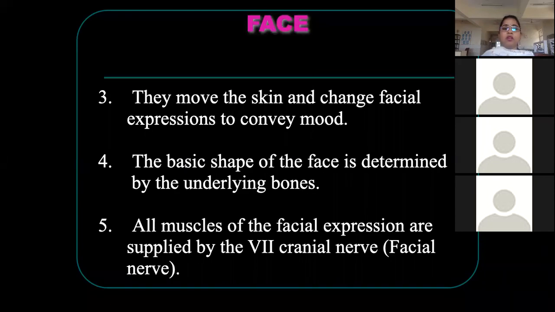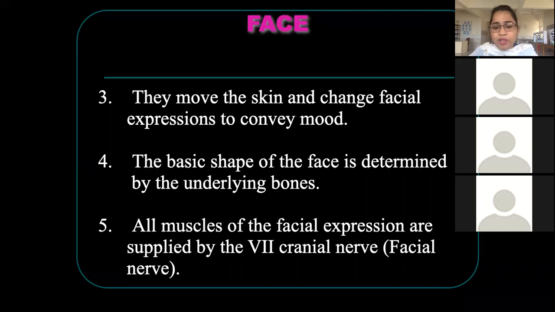Now they move the skin and change facial expressions to convey the mood. Whenever there is a facial expression, we also convey our mood: anger, sympathy, pity, smiling. All this conveys mood, because these areas are connected to the limbic system of the brain.